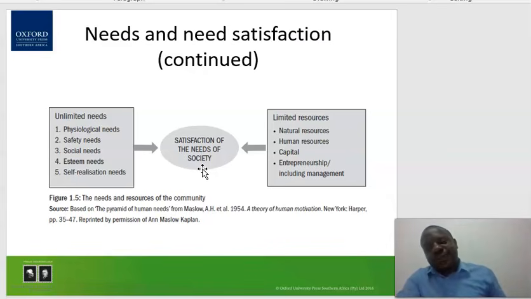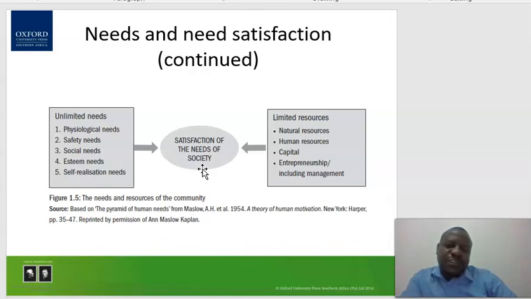Those taking economics as a course, that's when they speak of the economic problem. How do you satisfy unlimited needs using limited resources? Key sacrifices will need to be made.